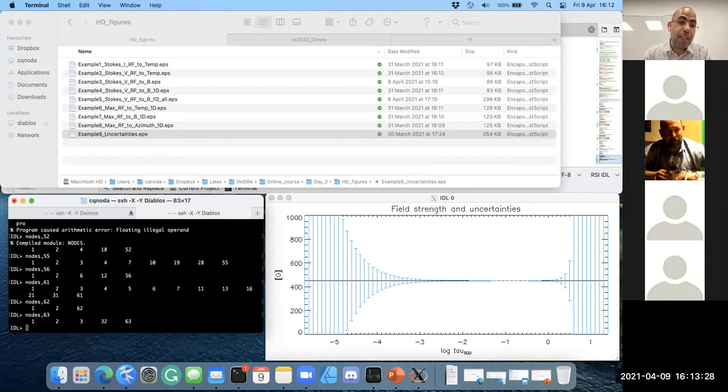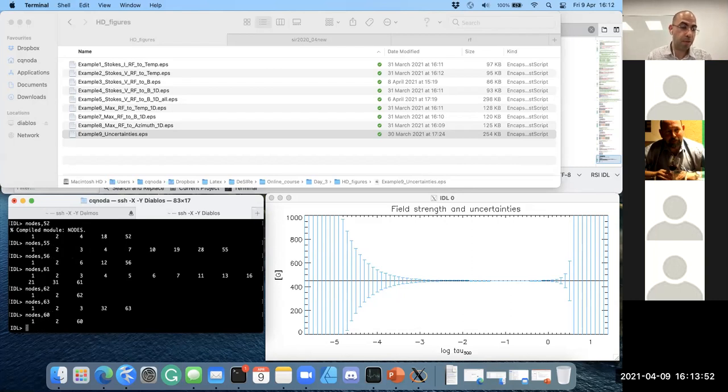Yes. So the idea is that I'm already preparing the next class, and the first thing I was thinking of starting the class with is picking the right atmosphere for the inversion, and it's not only how you define it, it's also the number of points. I was going to share the program that I'm showing in the terminal, which will tell you what you said. So if you have 60 points, then you can only choose 1, 2, or 60 nodes.